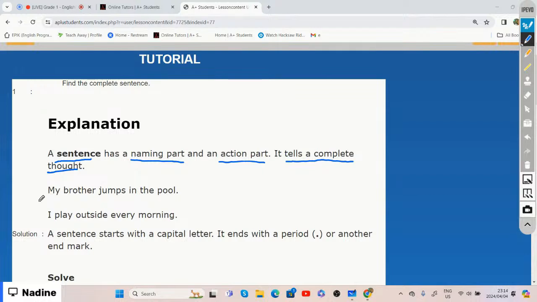Then we made an example of "My brother jumps in the pool," where we say that "my brother" is the naming part, and "jumps" is the action part. And then we also have another example where we said "I play outside every day," and "I" is the naming part, and "play outside every day" is the action part.